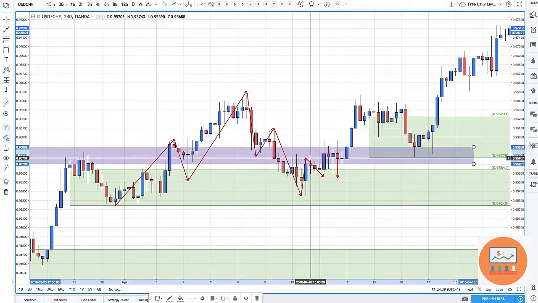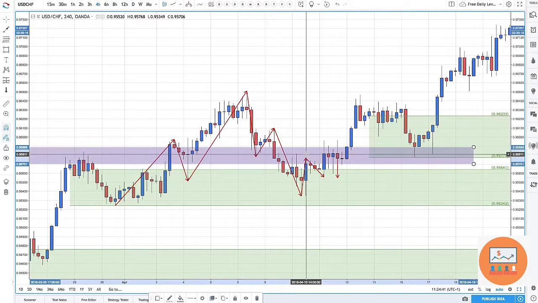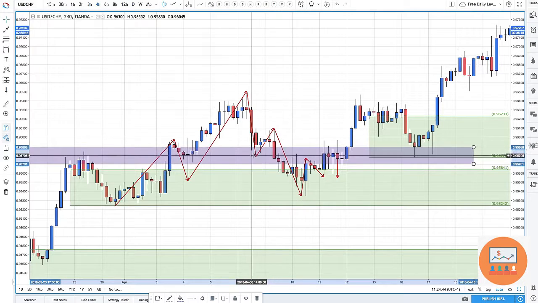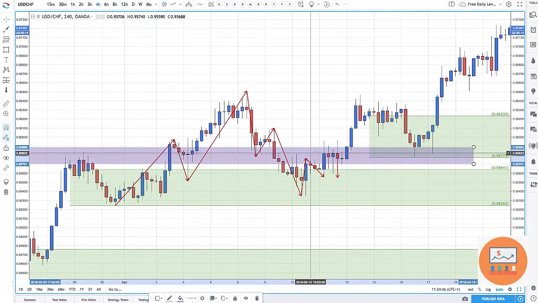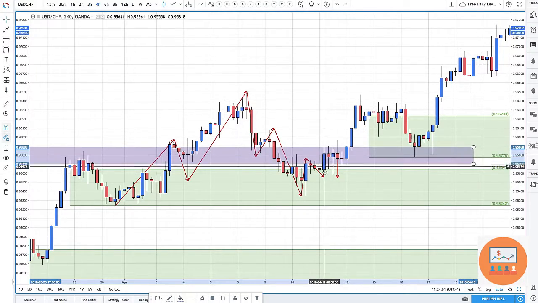There's a reason why, or there's a lot of reasons why, traders are not successful at support and resistance trading when using technical analysis alone as well, right?